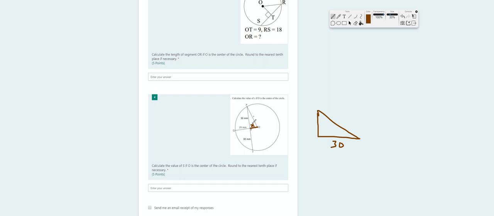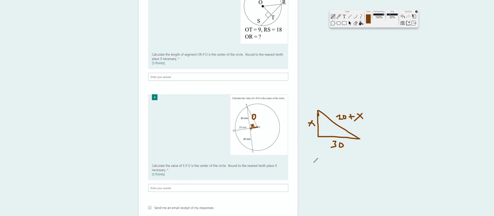Since I label this X, notice the whole piece represents S, which is the radius. So that will be this side. So this will be 20 plus X, because if you add 20 plus X, which is the little piece, okay? And then this side right here represents X. So this is X right here.